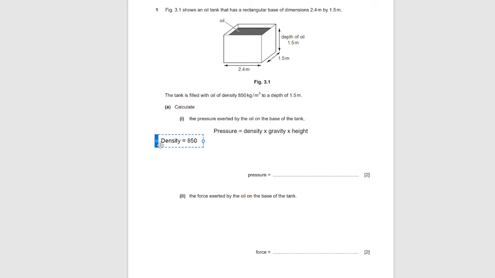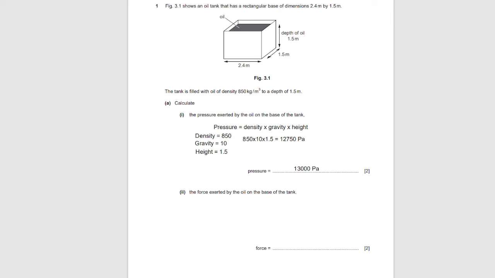Now let's use the values: density equals 850, gravity equals 10, and height equals 1.5. Since they are all in SI units, we don't need to do any conversions. Now let's multiply them to get the final answer, which is 12,750. We can just write it as 13,000 pascals in two significant figures.